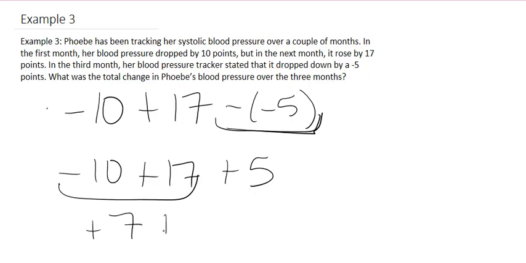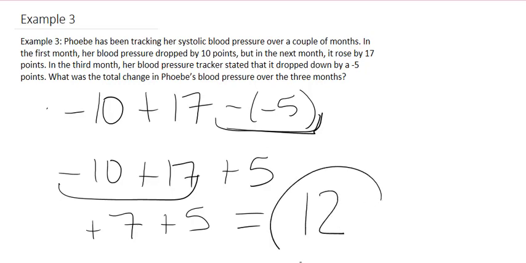Then we'll bring down that plus 5, and we'll do this final addition, which is 7 plus 5, which is equal to 12. So we will say that Phoebe's systolic blood pressure rose by 12 points over the last 3 months. Now remember, when adding and subtracting many integers, we always look for double signs and change them to one sign. Then we can work from left to right.